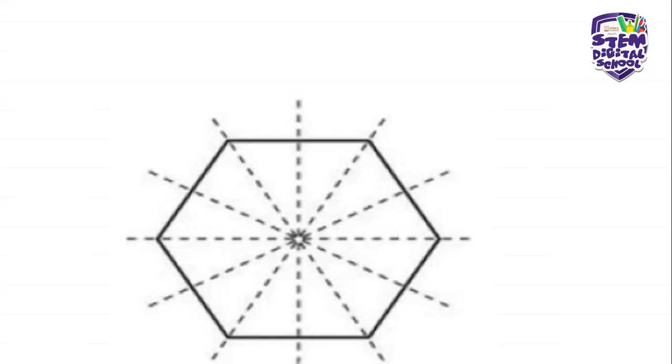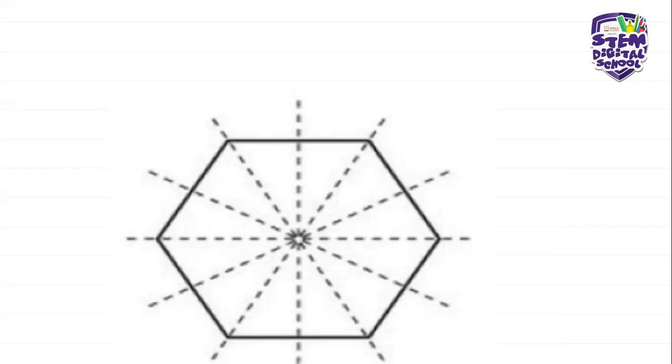All right, so that is what we can do. This hexagon here can be subdivided in 12 different ways. So there are 12 different lines of symmetry in this particular picture.